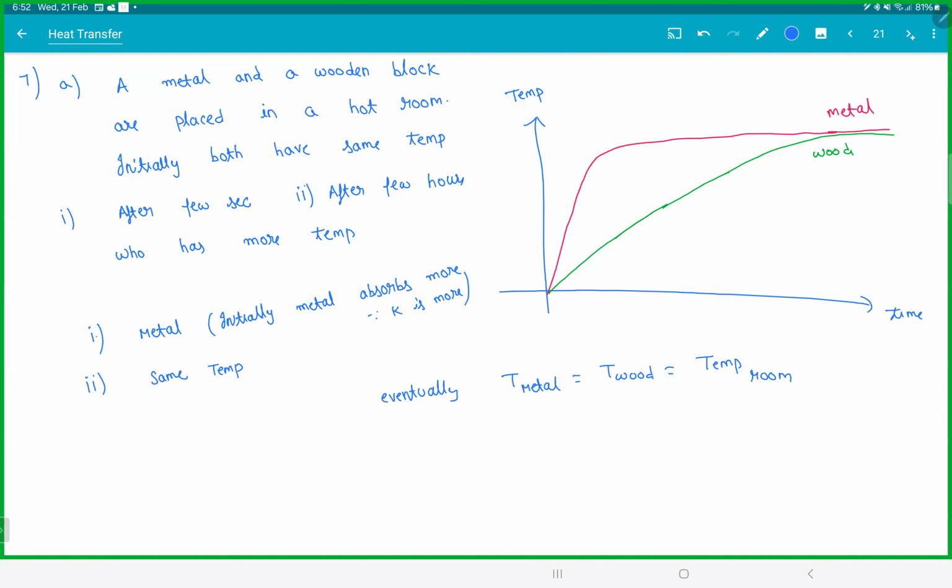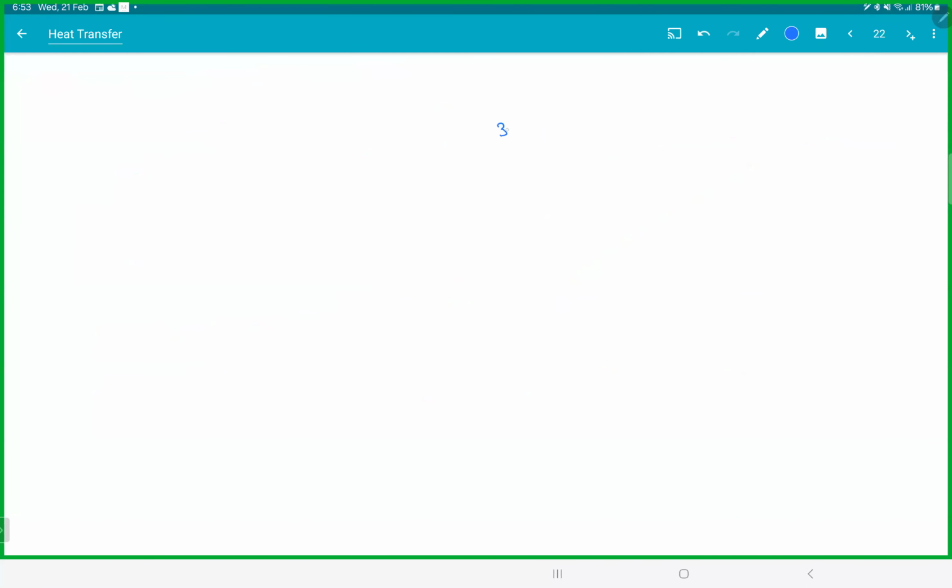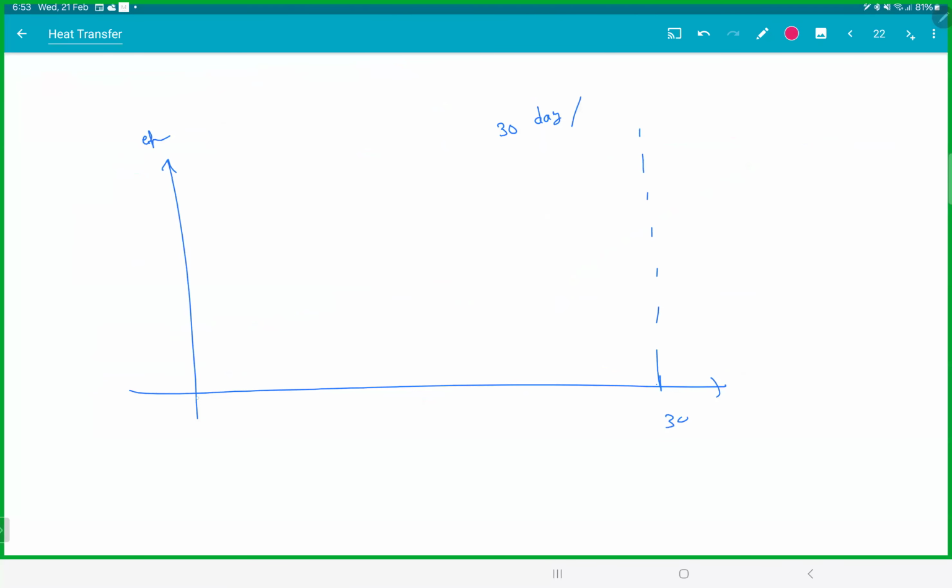Our species is only weird actually. I don't know how we became the survivor of this world, but we should have gone extinct long back. The only thing humans have is that only when things go bad, then we get superpowers. We start behaving very differently. It's like, imagine you have 30 days for the exam, and if you try to plot your efficiency versus time, let's say this is the deadline, 30th day. So day 0, people are at negative. 30 days, we'll do anything later, chill out types.